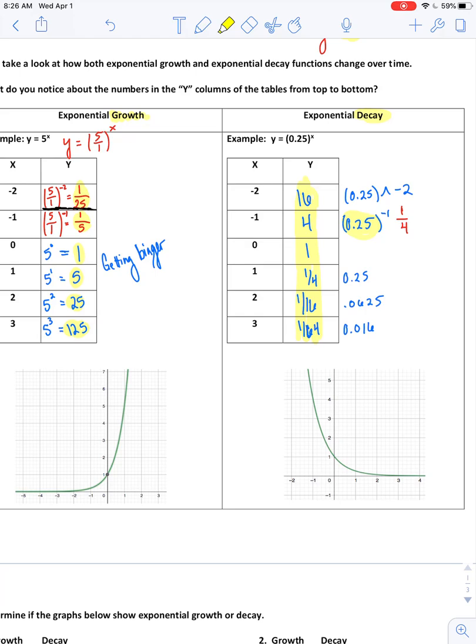I'm not adding or subtracting the same thing every time, but I'm definitely getting smaller. So this is an exponential function, but it's getting smaller. It's decaying. And if we look at the graph from left to right, this thing is getting smaller. So always look at the graphs from left to right, just like you read, and always look at the y columns from top to bottom.